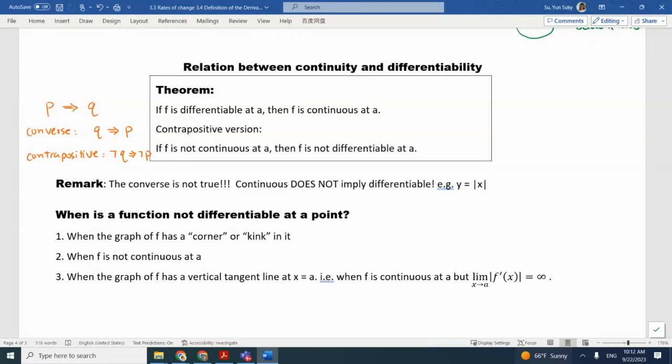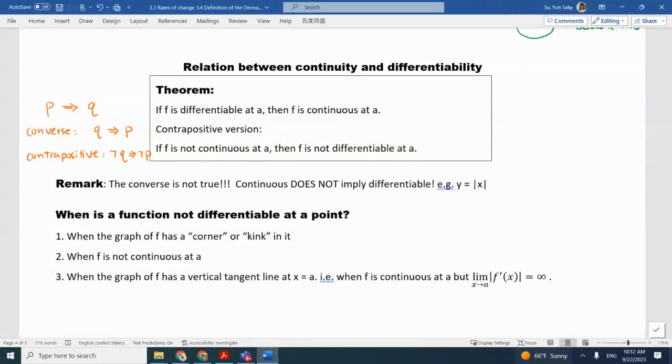So we have statement P implies statement Q. The converse is you switch the order. The contrapositive is you switch the order and you put a not there. And we have a fact that a statement and its contrapositive are equivalent.